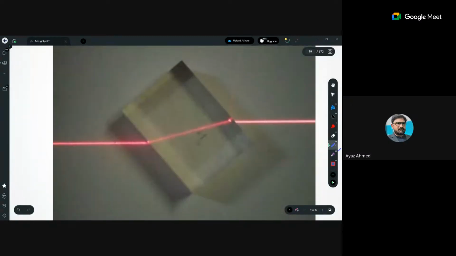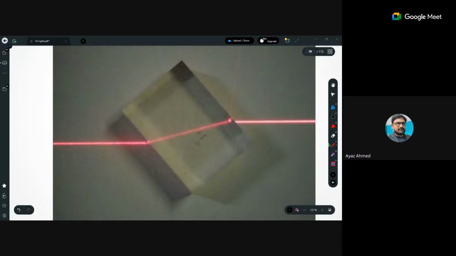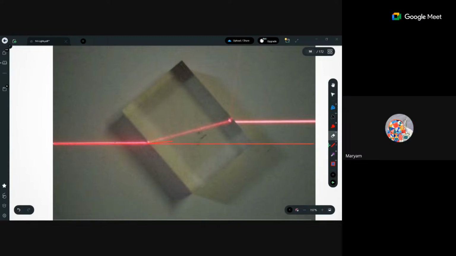Now tell me, this is the real-time image or photograph. If I draw the line, if the light entered here, what was the original path of the light ray? Was it supposed to go in this direction? If it wasn't refracted, it has no bending, no refraction, so it will go in this direction, right?